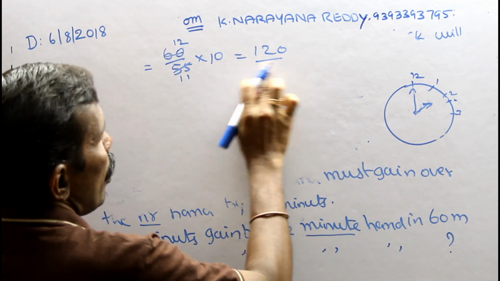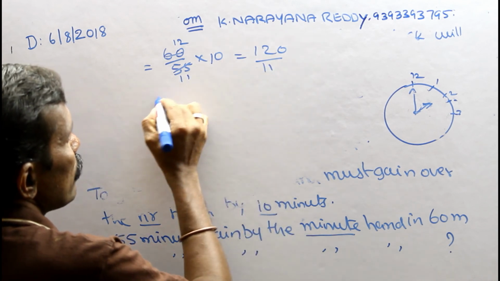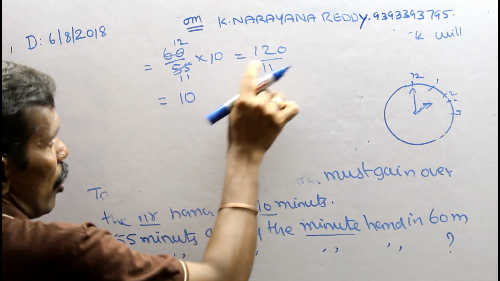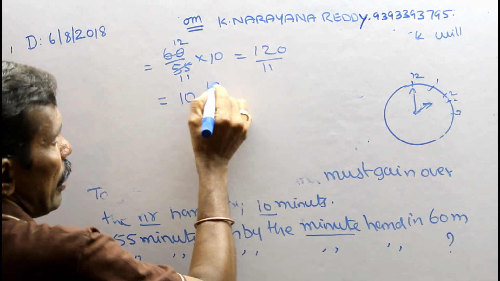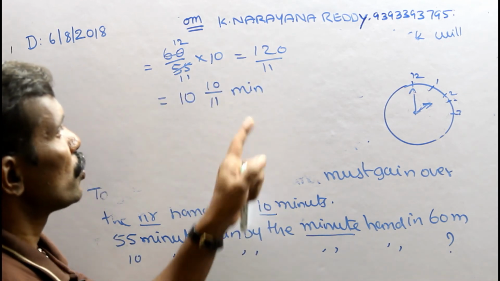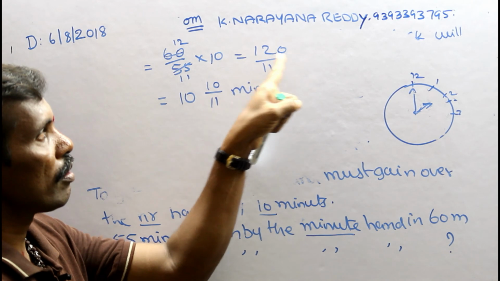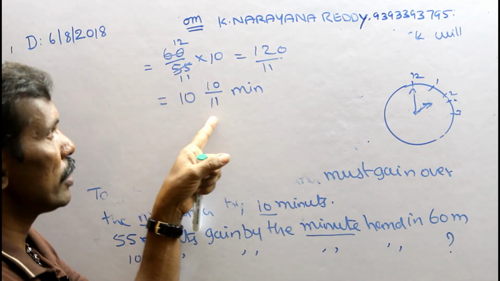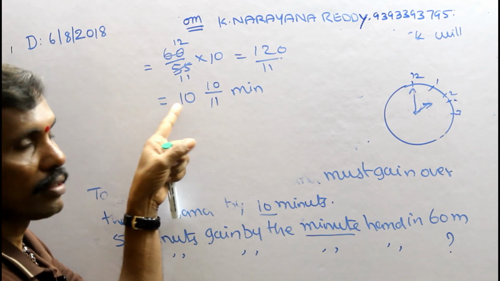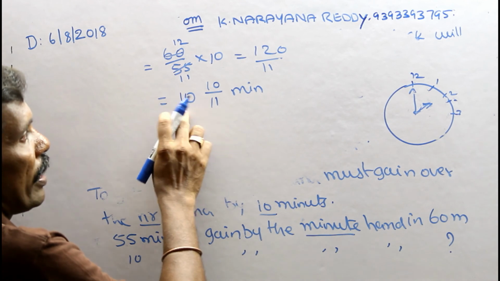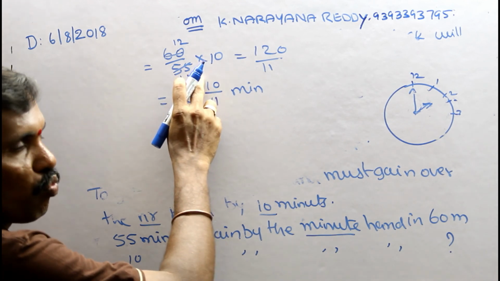How to divide this? 11 10 ja 110. How much remains? 10 remains. 10 by 11 minutes. This is a mixed fraction. Yes or not? 110 plus 10 is 120 by 11.